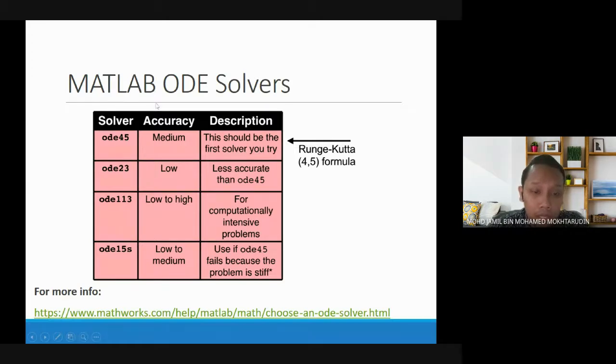There are many more solvers, but the most commonly used is 15s because it is somewhere in between, good and not so good. The basic one, the very first, is ODE45, and if 45 cannot work, then use 15s. But for me, I will just use 15s. Well, 45 is fine too.